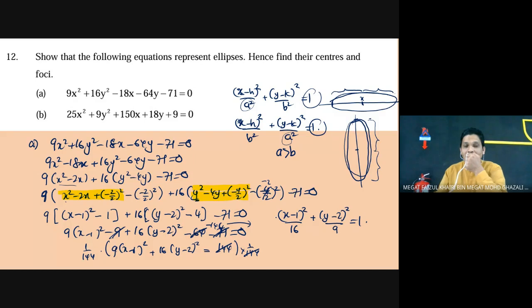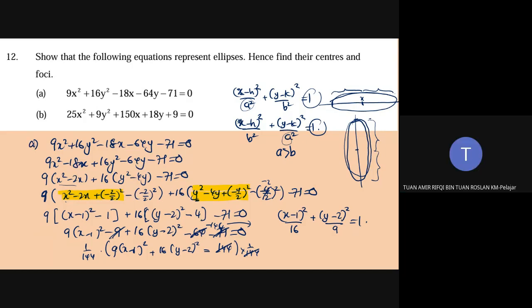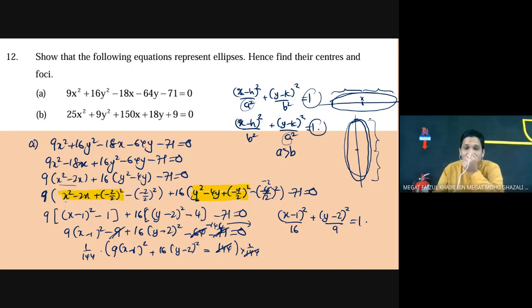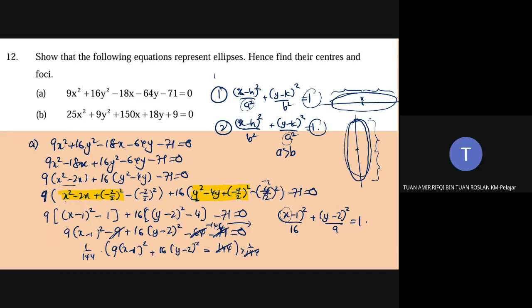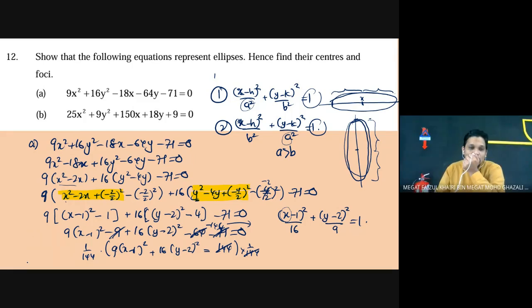Good. Now between 16 and 9, which is greater? 16. So 16 is below x or y here? x. So we have equation 1 and equation 2. Which equation are we going to refer to? Equation 1.